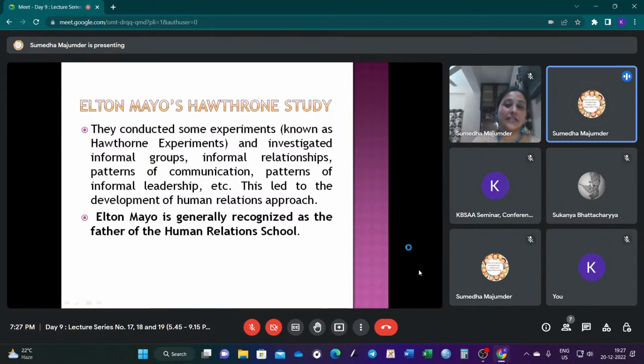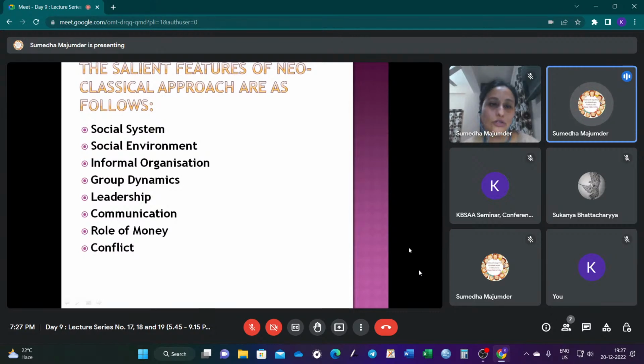So the feature of this neoclassical approach is the social system. I have already mentioned that the neoclassical thoughts of management actually believe that human factors, that means men who are working for the business, are not only factors of production, they are also sentimental factors.